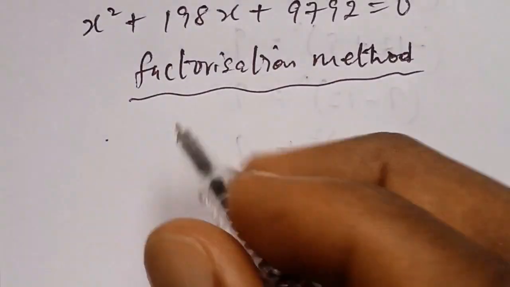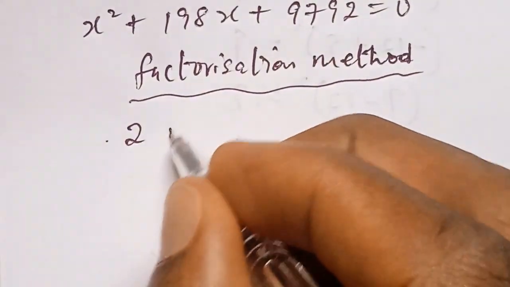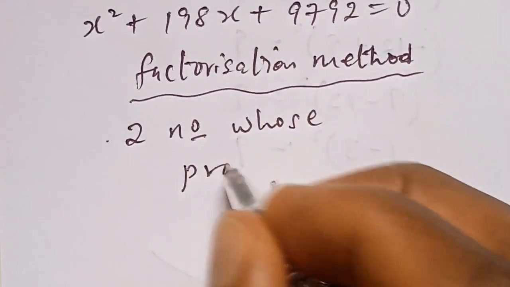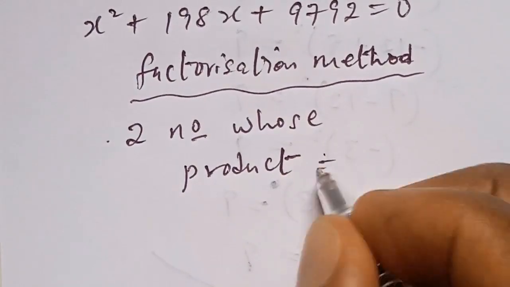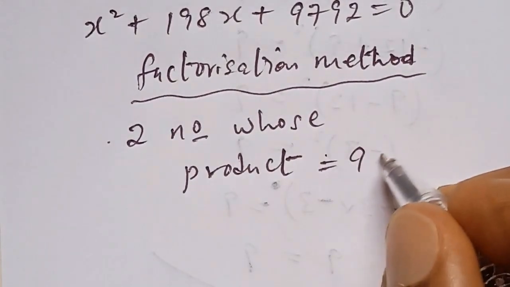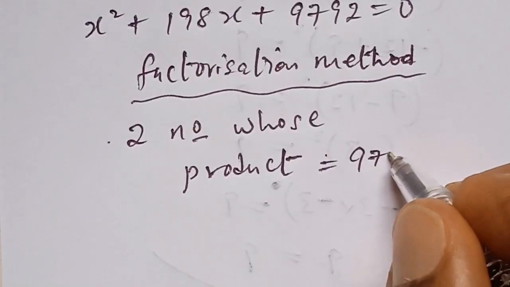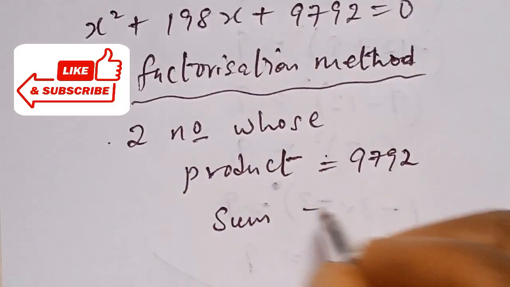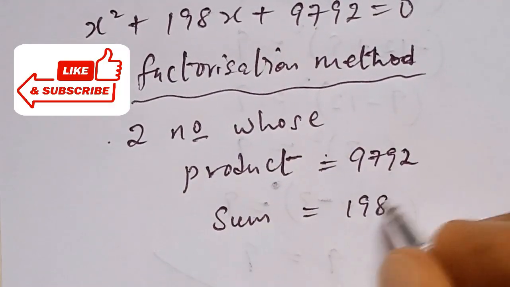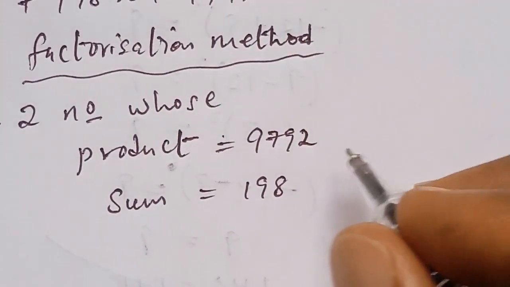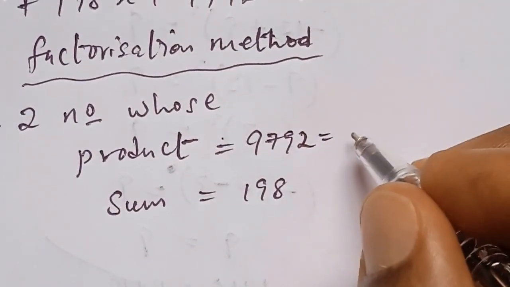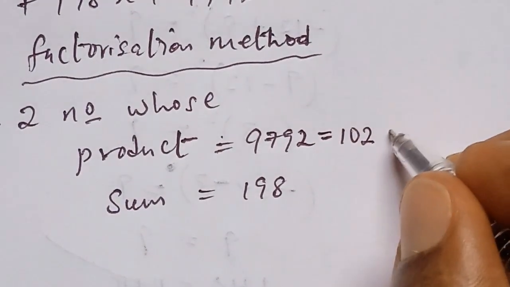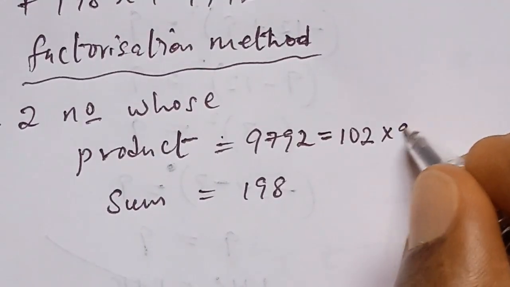Using the factorization method, we need two numbers whose product will be equal to 9792 and whose sum will be equal to 198, and that gives us the two numbers to be 102 multiplied by 96.